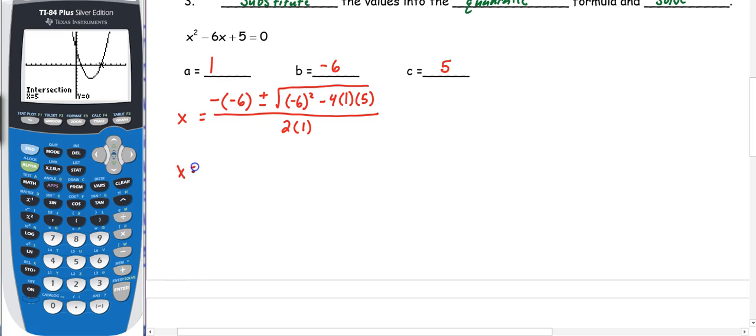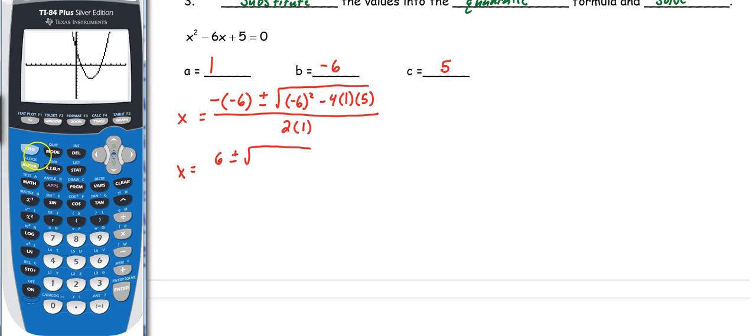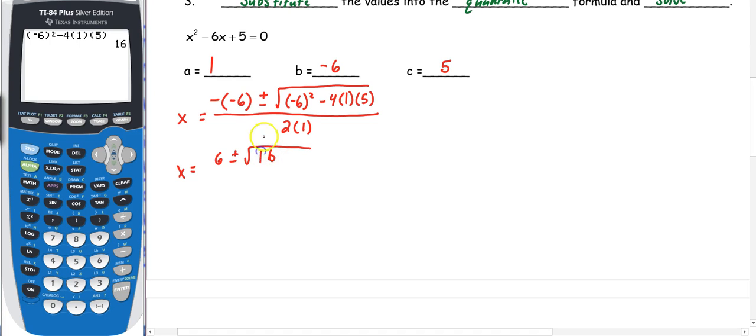So we get x equals 2 negatives make a positive, 6, plus or minus the square root. Under the square root, I can stick this all into a calculator. So parenthesis negative 6, close parenthesis squared, minus 4 times 1 times 5, which gets us 16, all over 2 times 1, which is 2.